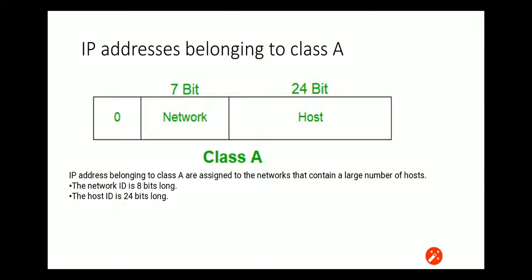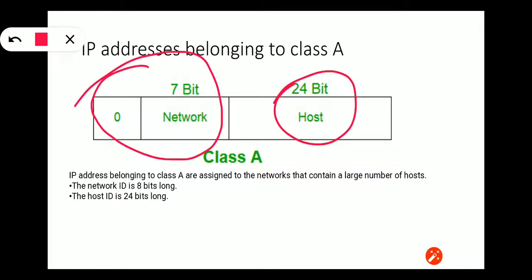In this slide we discuss class A. In case of a class A IP address, we have 24 bits of host ID and 8 bits of network address, out of which 1 bit, a 0, is reserved for denoting class A. That means this 0 is reserved for denoting class A.